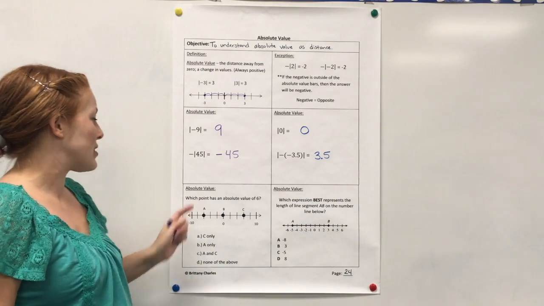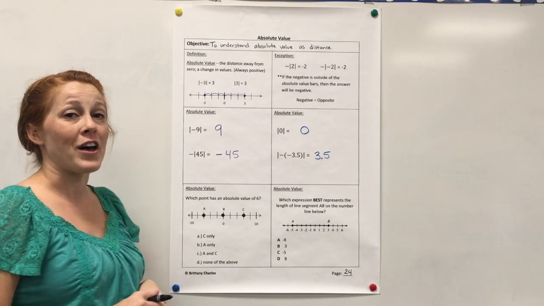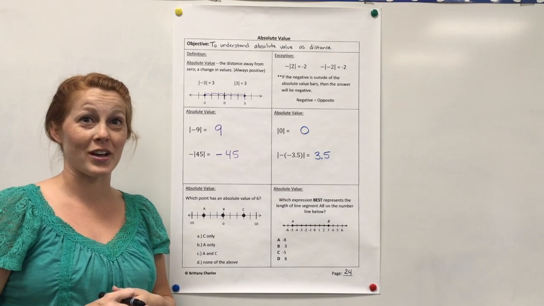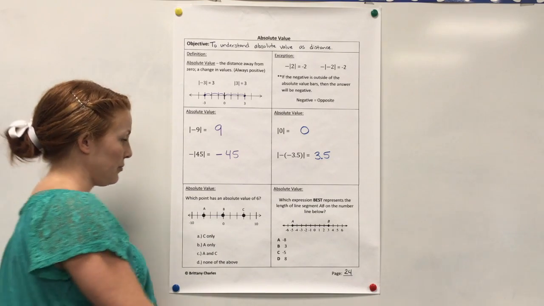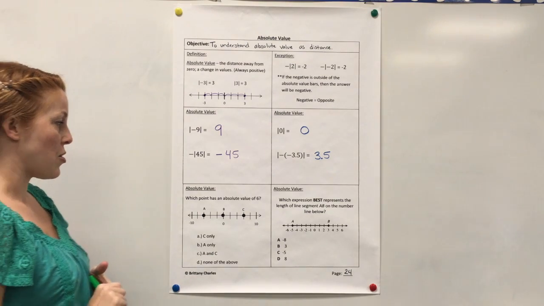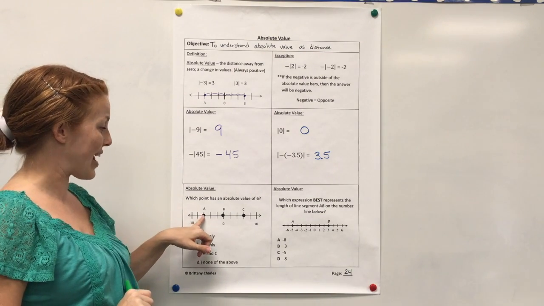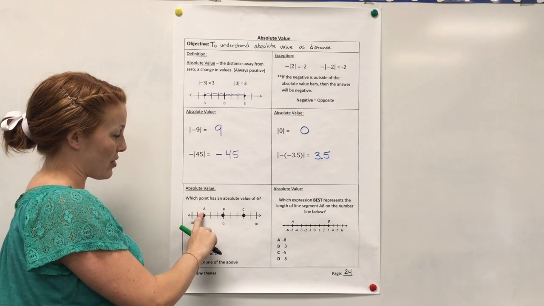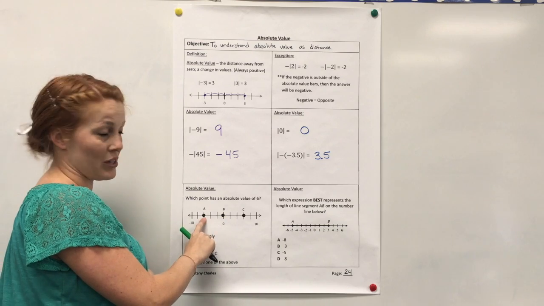All right, so now it says which point has an absolute value of 6? So go ahead and look at your choices and see if you can figure out which one is correct. Okay, well, let's start by looking at A. You have to first see what the scale is. You can't just assume it's counting by 1 and that this is only -3.